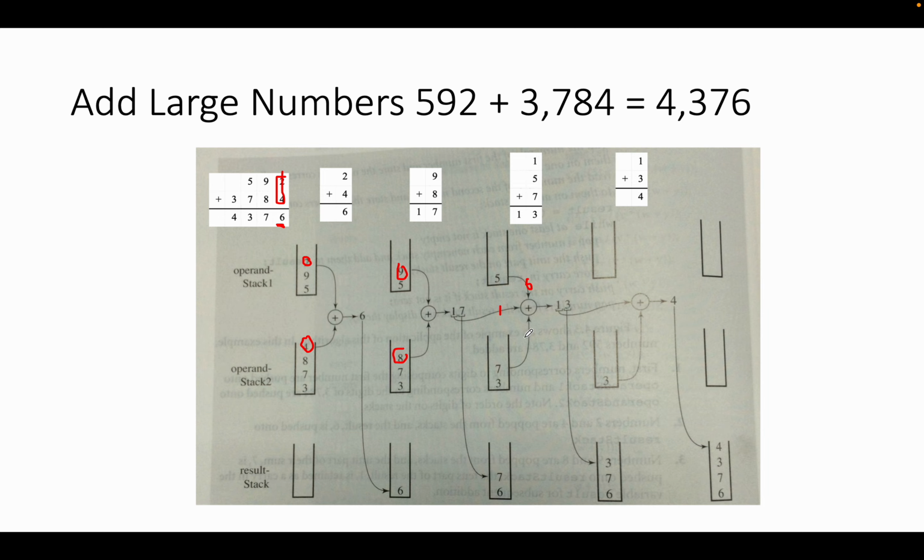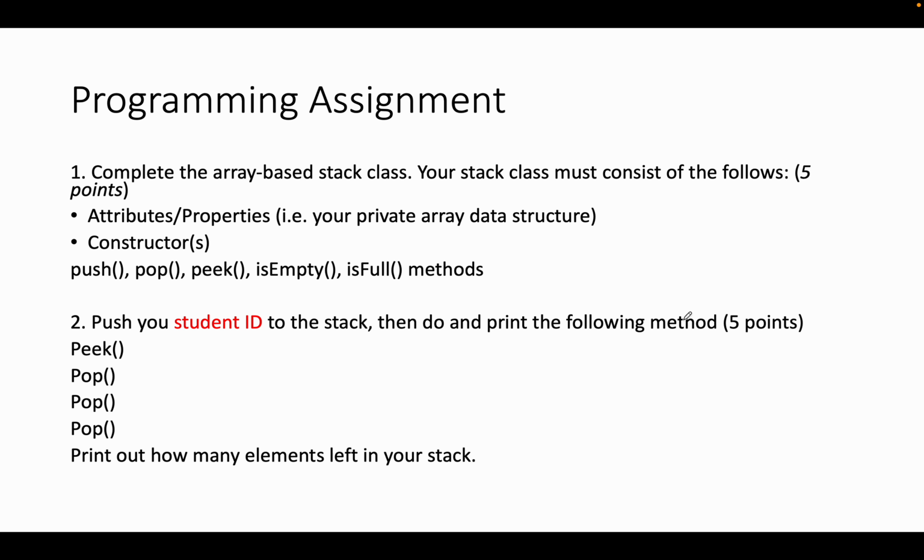So you have 5 and 7. 5 and 7 is 12, and then it becomes 13. And then the last unit, you put it here in the stack, and the carry out becomes the carry into the next position. 1 plus 3 is 4, and 4 is put on the top of the stack, and this is the solution. Okay, that's all.